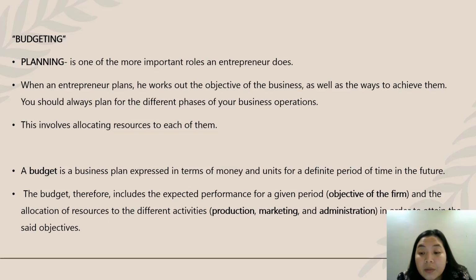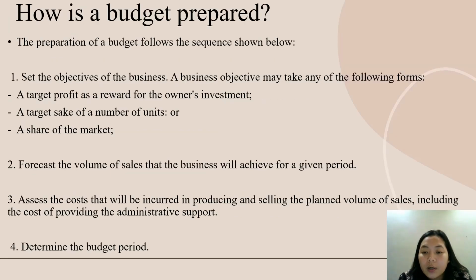So from the word budget, we all know that budgeting is like you will be considering how much is the total cost of that specific production that you need to produce in order for you to have a profit. So moving forward, how is a budget prepared?